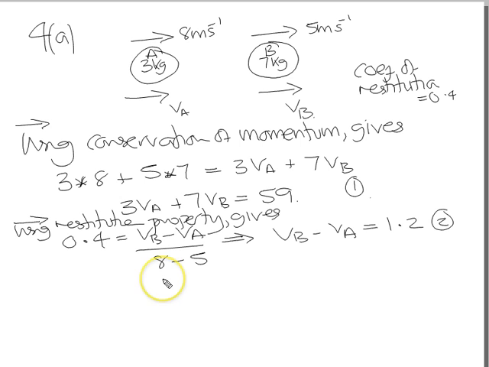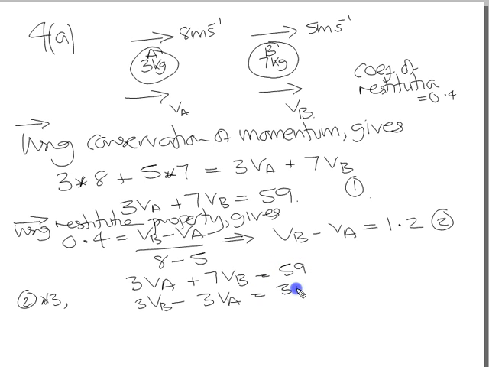So we've got 3VA plus 7VB equals 59. Then do equation 2 times 3 all the way through to give us 3VB minus 3VA equals 3 times 1.2, which is 3.6. You can see why we've done that now, can't you? The reason we tripled that was because this would then be minus 3VA, and that will take away and disappear when we add the equations.